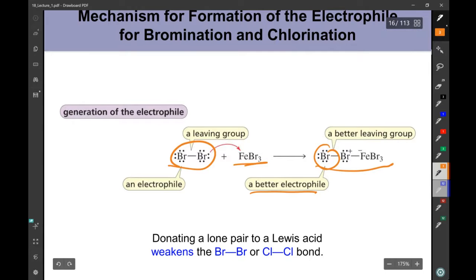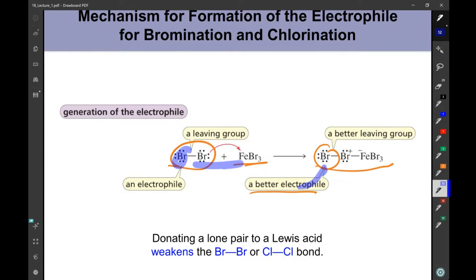I hope you guys see that. This was the nucleophile, but it wasn't the best of the nucleophiles. But when it interacts with the catalyst, it transforms the bromine and makes it a very good electrophile. And being a good electrophile, it can easily react with the benzene ring now.